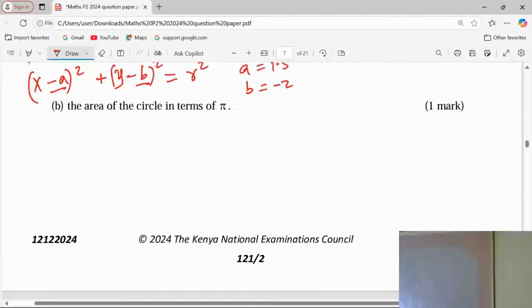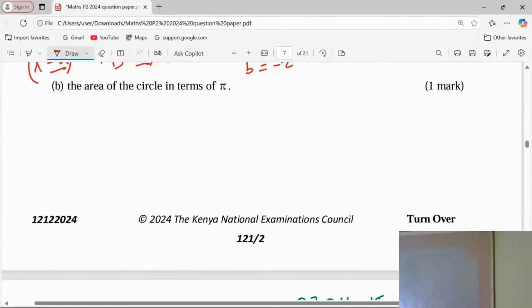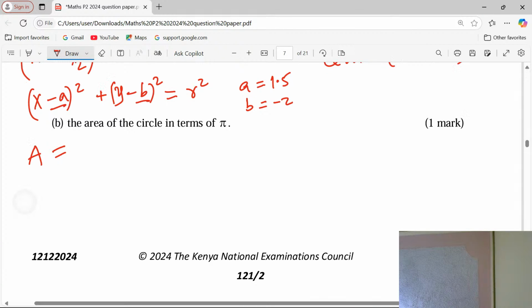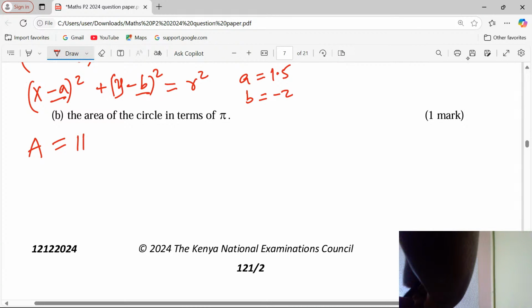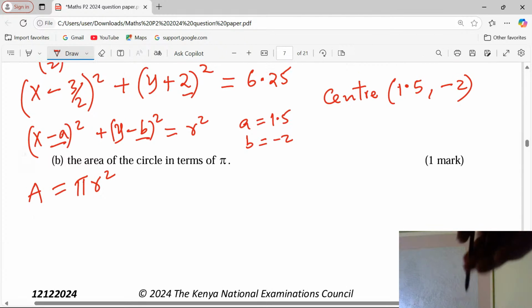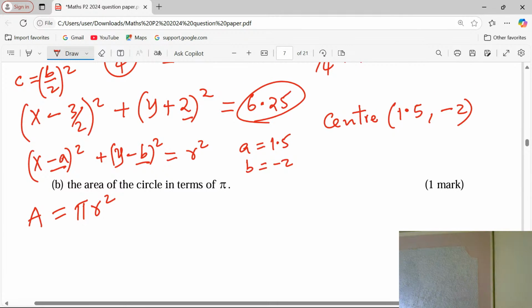Let's look at part B of this question: the area of the circle in terms of pi. Generally, area is usually given by pi r squared. For this particular circle, the value of r squared is indicated here. So you don't need actually to get the value of r. We need r squared.